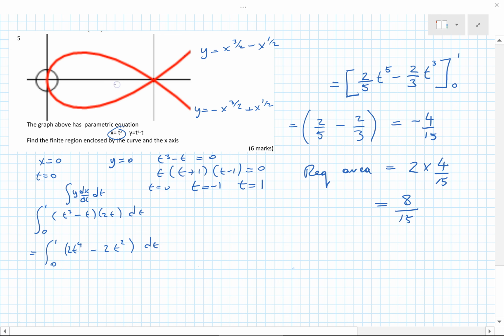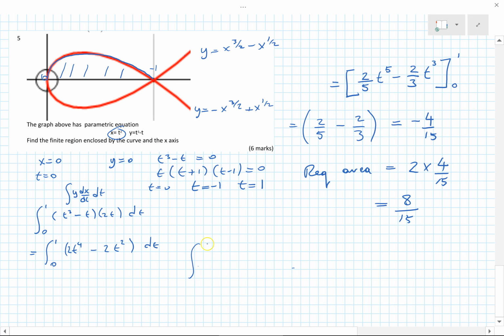Incidentally, I had a few people ask me what if they actually did -1 to 0. They wondered why the answer still came out negative, even though it corresponded to the top of the graph. The reason is, as we increase our value of x here, our value of t is decreasing, so the limits are almost the wrong way around.